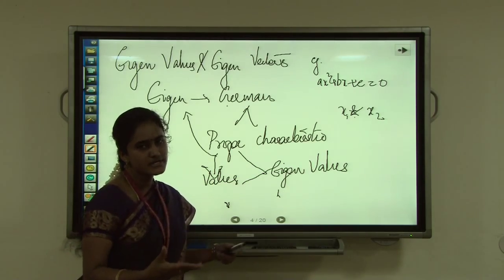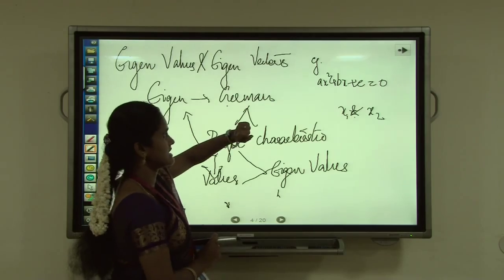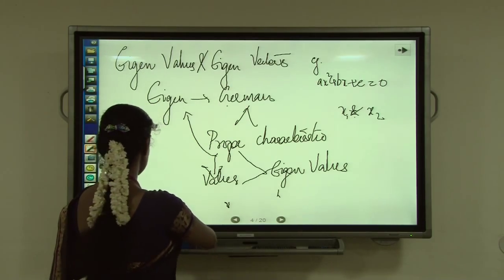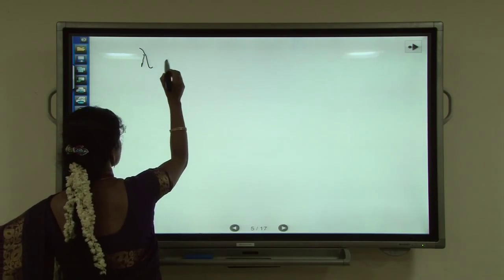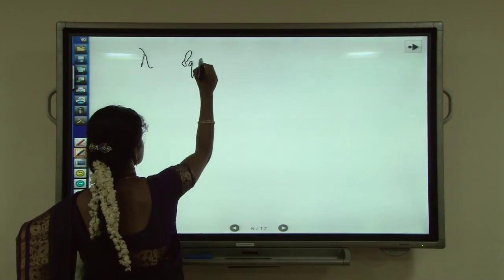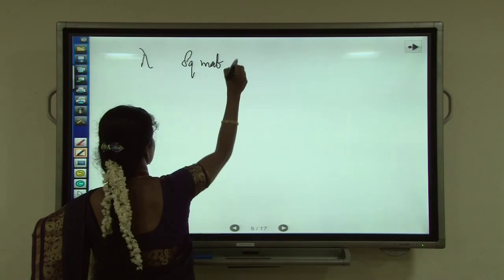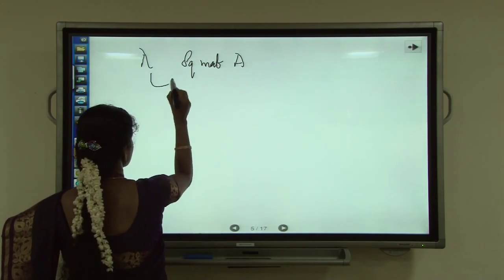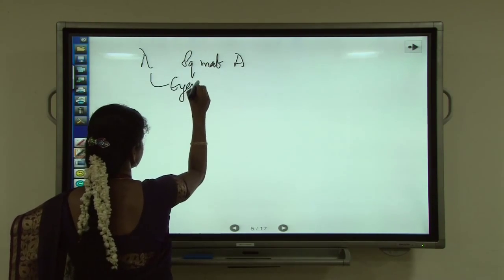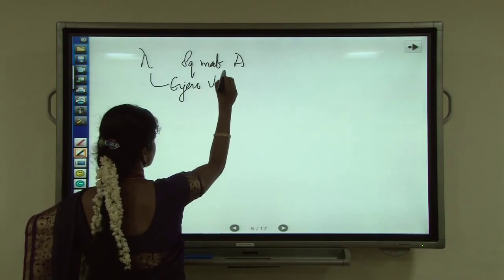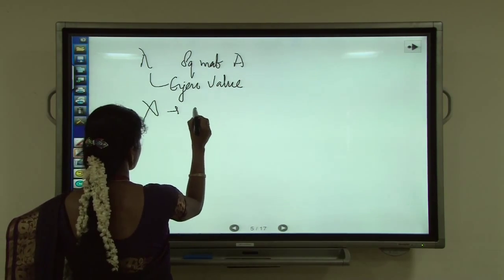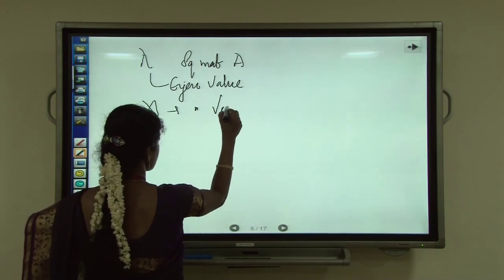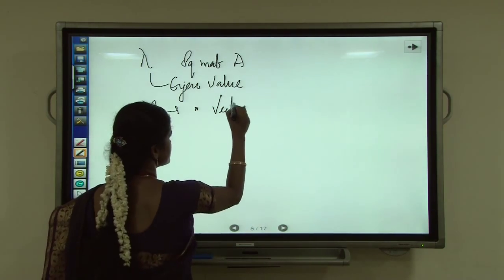Now how are we going to generate vectors through these value sets? Any scalar which is associated with a square matrix A, we call an eigenvalue, and any vector associated with it we call an eigenvector. In what way is it associated?